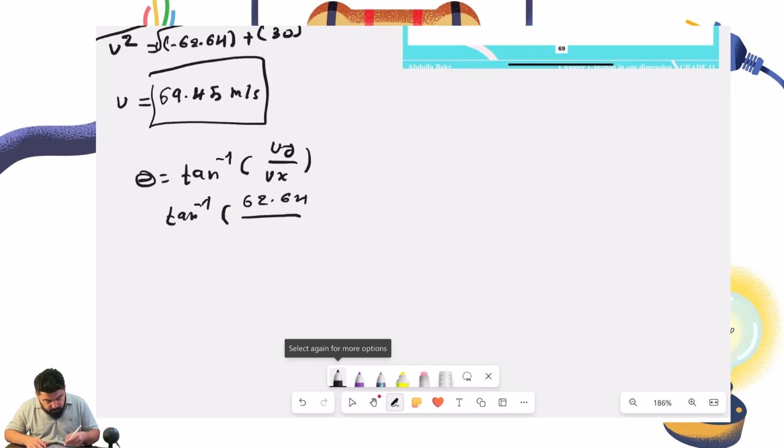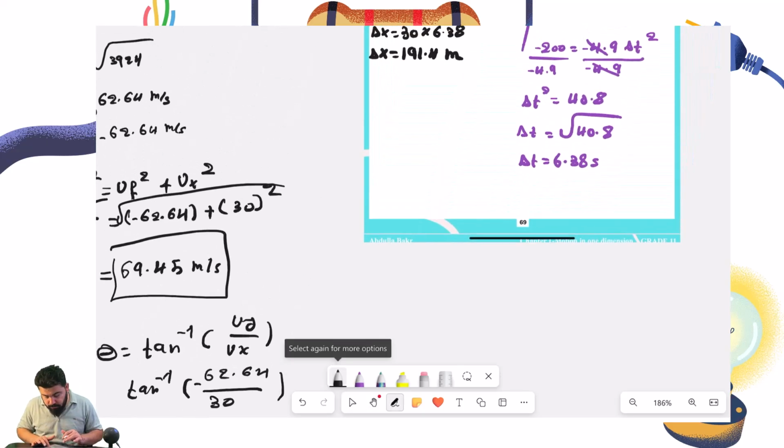Of course negative, be careful. So negative 62.64 divided by 30, we get 2.088. Take the tan inverse, so you get 64.4, but be careful, negative 64.4. So this is the direction too.